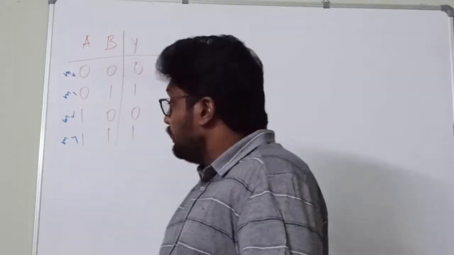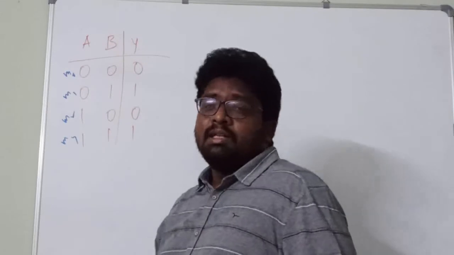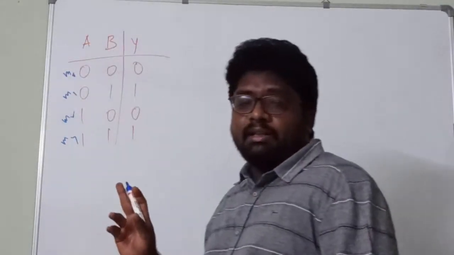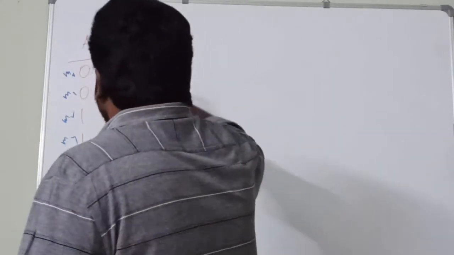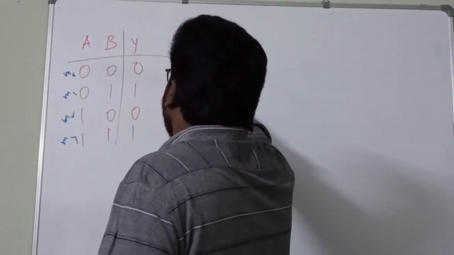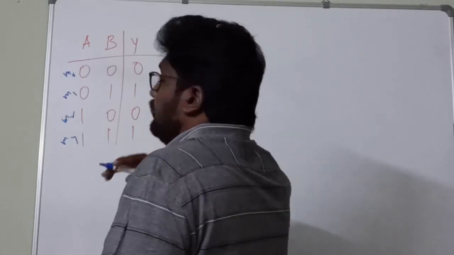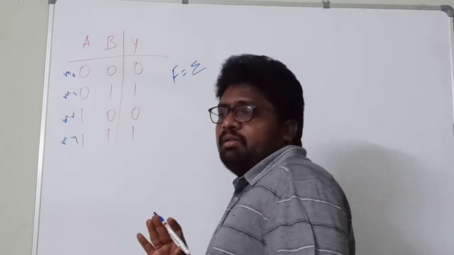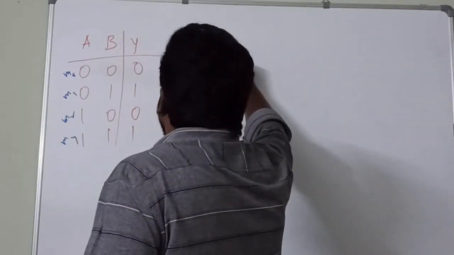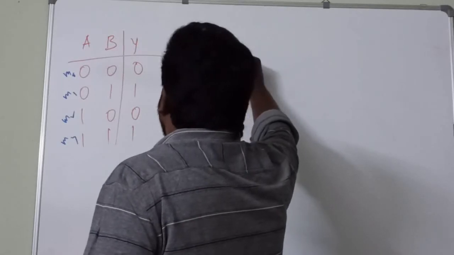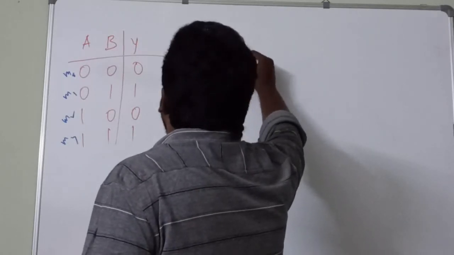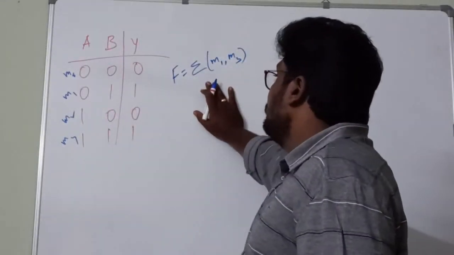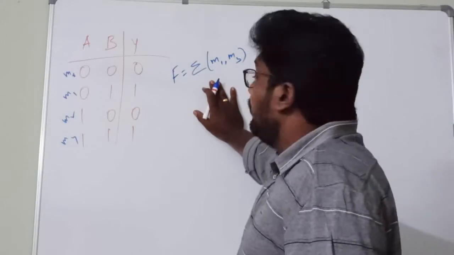In the previous example, I forgot to say that they won't always give the truth table directly. They can also give the function as f equals summation of the minterms M1 comma M3.